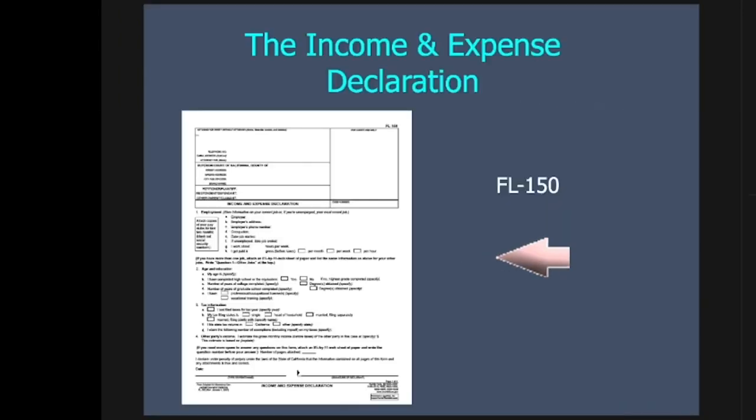Please note that for the purpose of determining child support, your expenses are not considered to any great extent. The first page of this form requests information on your employment, education, tax information, and the other party's income. On the second page, you'll provide your income from all sources, third parties, investments, self-employment.